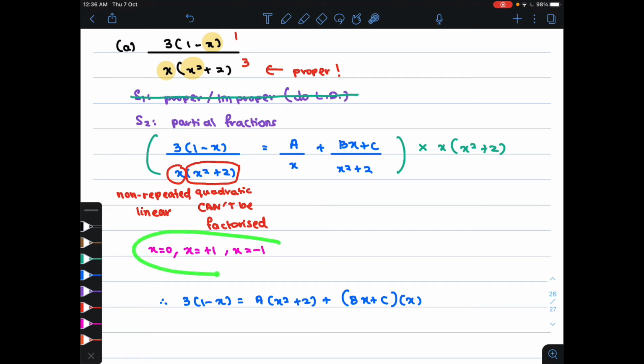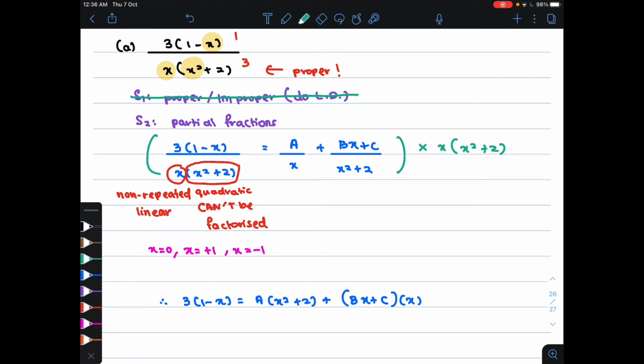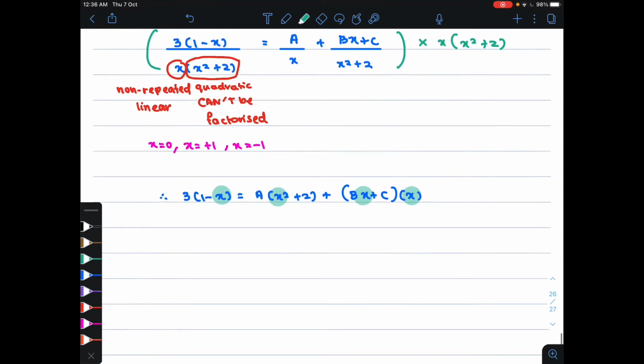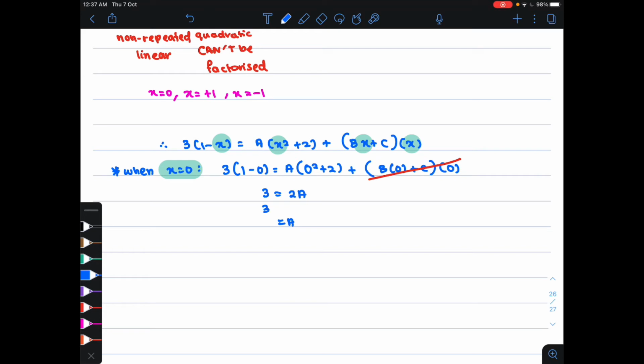So substitute all 3 values into our equations. And A is 3 over 2.